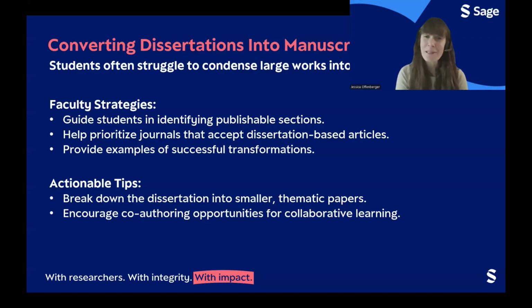We don't want a salami slice and just get a paper simply for the sake of publishing a paper. But you might be publishing a literature review first, and then you might focus on the original research, and so on. And then you'll also want to encourage co-authoring opportunities for collaborative learning.